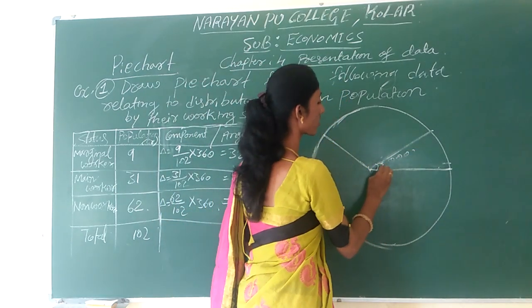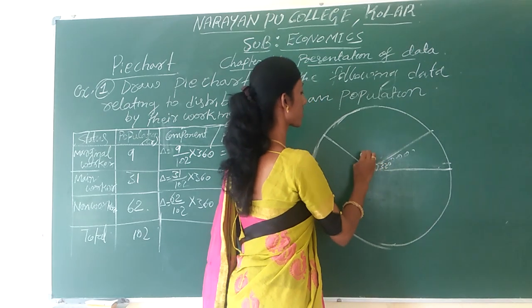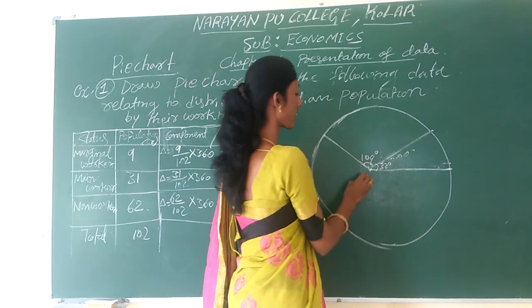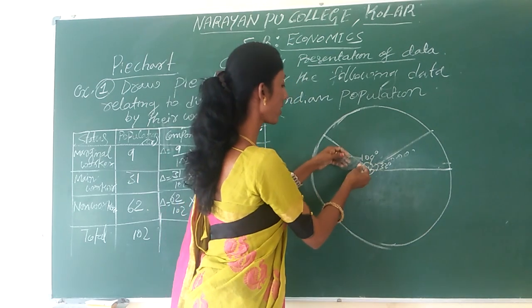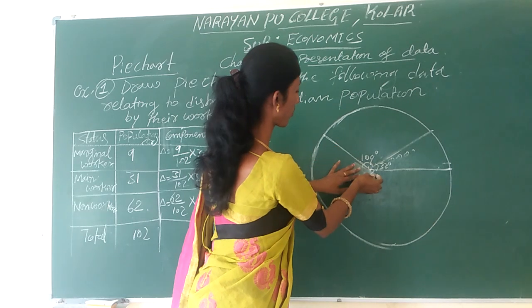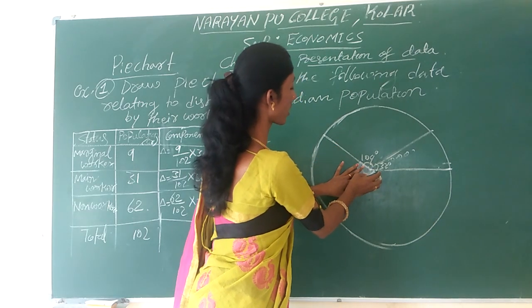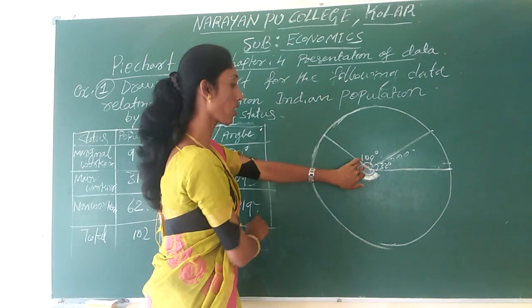This is 32 degree. This is 109 degree, and this remaining part, you will check whether we have 290 degree or not.